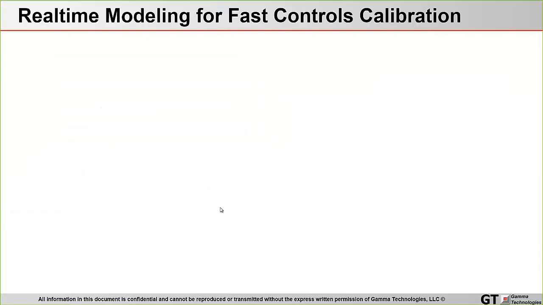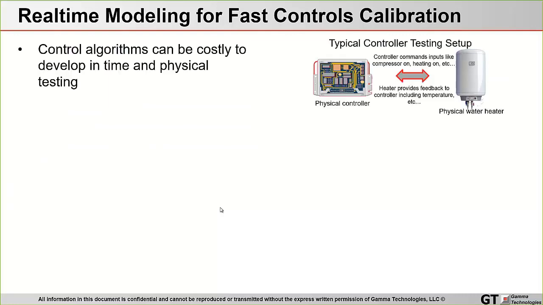Now, when it comes to real-time modeling for fast controls calibration, when you look at the process today, the controller needs to be programmed and it needs to be tested on the physical hardware. And so the typical setup you see here in the top right is where there is some sort of physical controller, and that's linking with physical water heater hardware and studying a range of different operating conditions and so on.